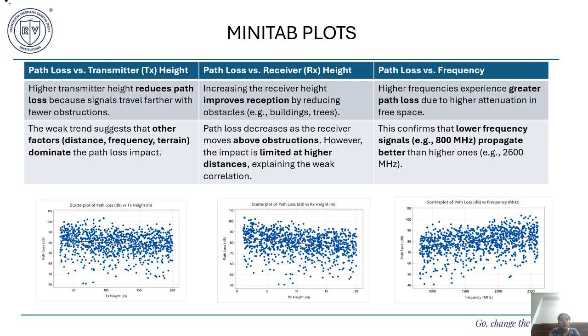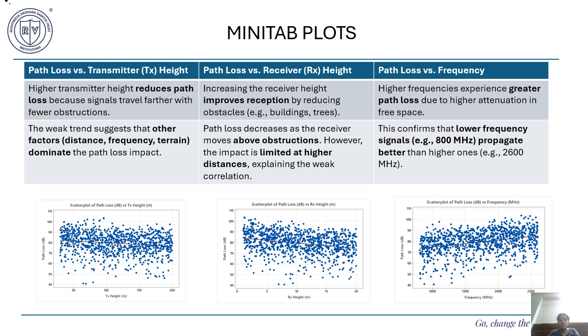So path loss versus transmitter height. Higher transmitter height reduces path loss because the signal travels farther with fewer obstructions. The weak trend suggests that other factors, distance, frequency, terrain, dominate the path loss impact. Next, path loss versus receiver height. Increasing the receiver height, of course, improves reception by reducing obstacles, for example buildings and trees.